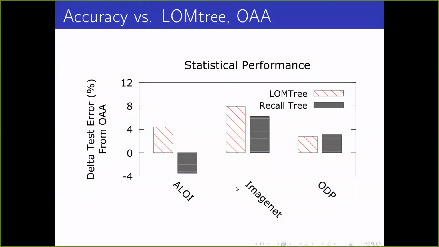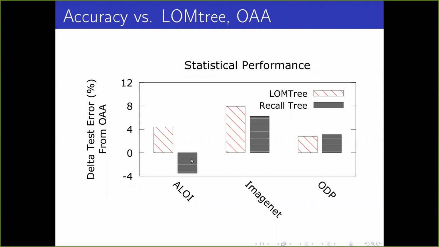So there's three things being compared in this figure. One of them is one against all. One of them is the recall tree, which is in gray. And a third one is the LOM tree, which is an earlier algorithm that I worked on with Anna Kwarmanska.